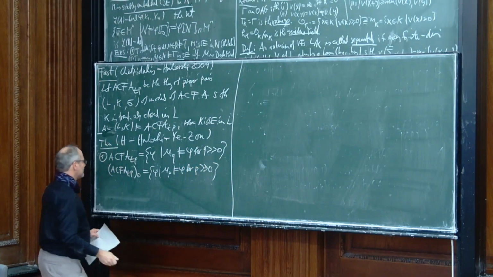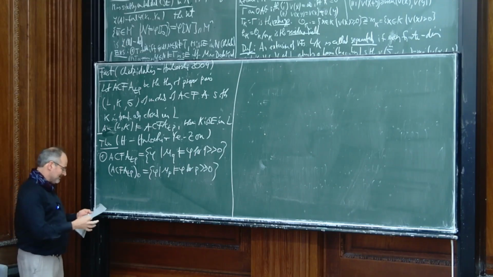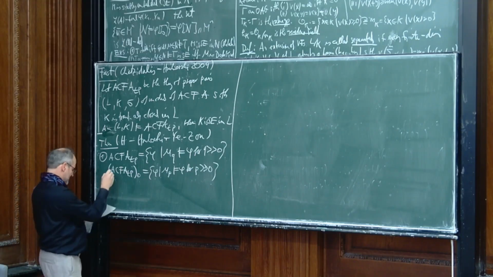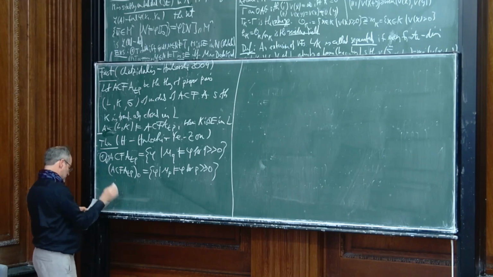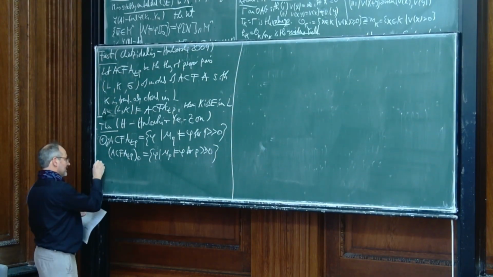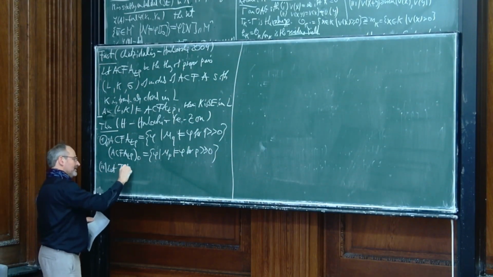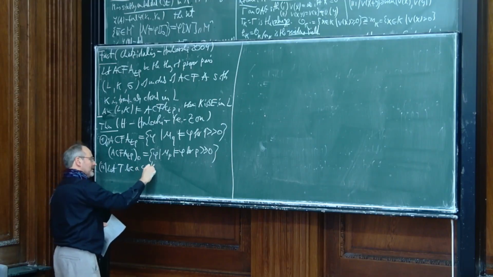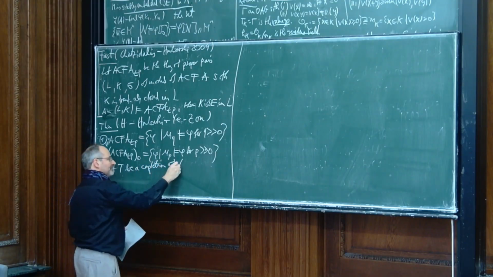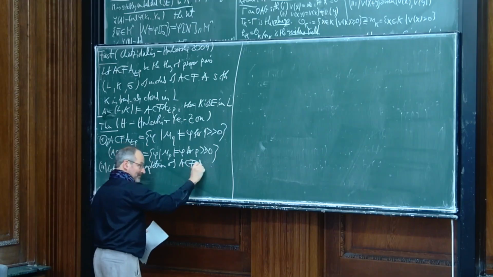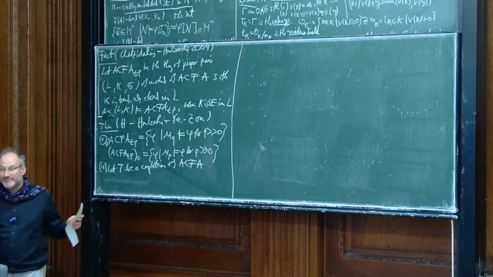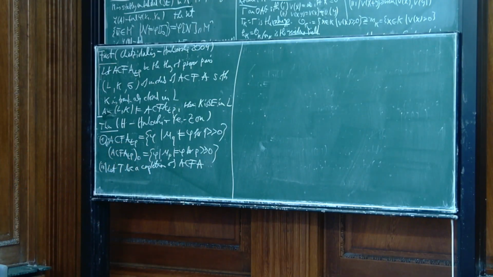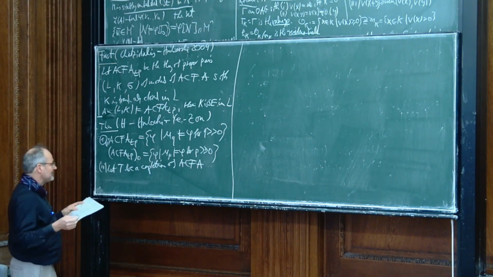Now, life would be too good, so we cannot do everything. This is the first part, sorry. Second part. Let T be a completion of ACFA. You have to fix the characteristic, but you also have to fix the action of sigma on the algebraic closure. That is a complete invariant up to isomorphism.